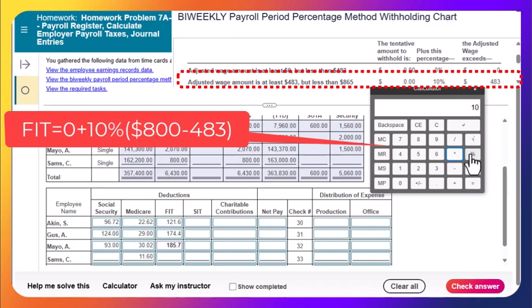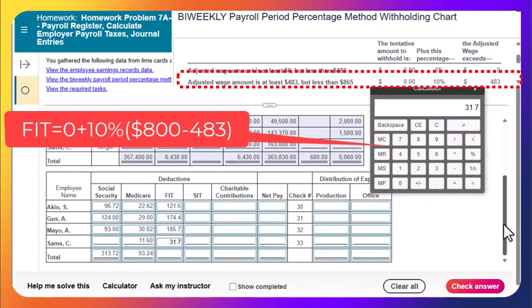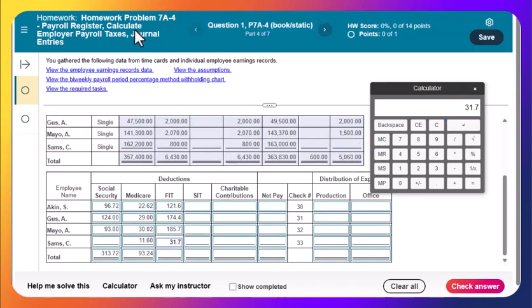And this one, we add 0, so $31.70 will be the federal income tax here for Sam's. And we can scroll down and add those through. That's going to be a total of $513.40 for the federal income tax deduction for all the employees.